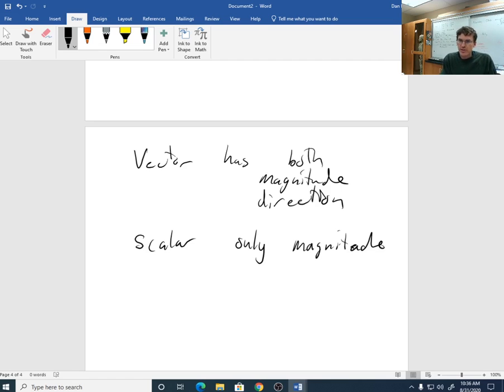So magnitude is the absolute value of the quantity. I'll put there: absolute value of the quantity, right? Absolute value of the number. Maybe put number in here.